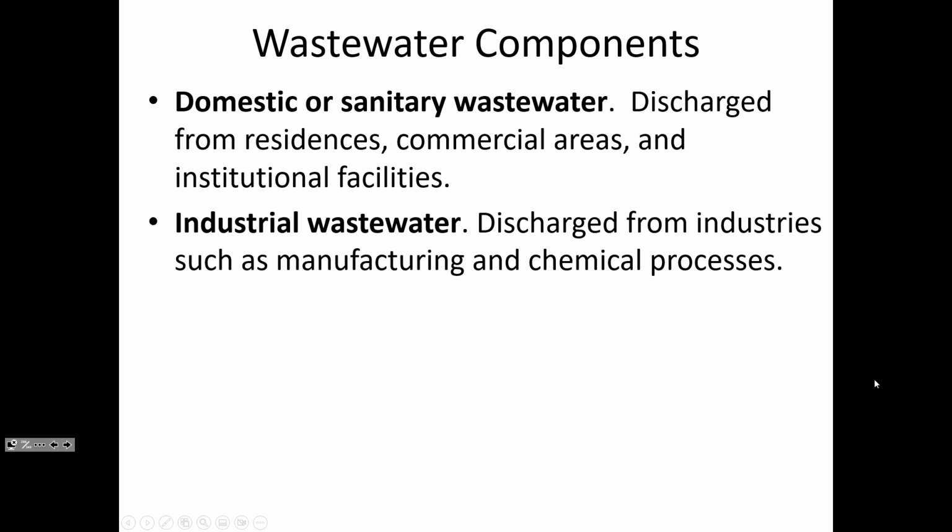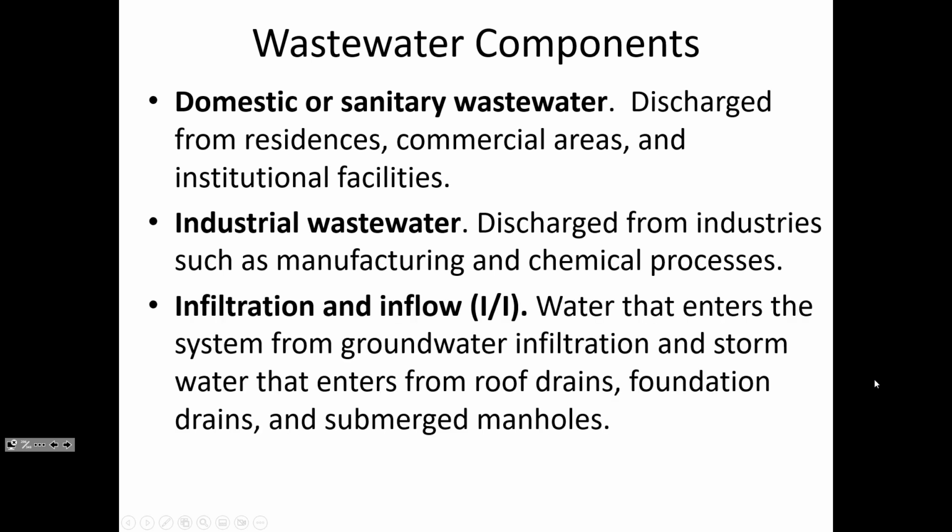And so sometimes wastewater from industries is completely excluded from our considerations, and other times it's integrated, but there could be some chemical constituents that are different from the concentrations you'd see in domestic wastewater.